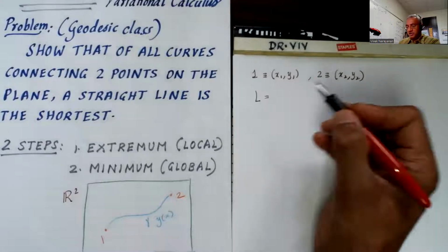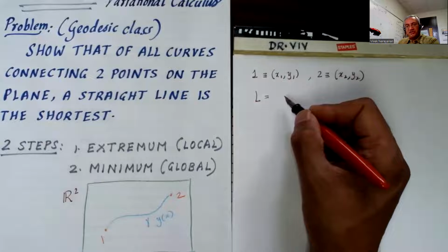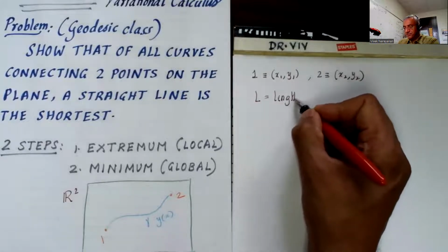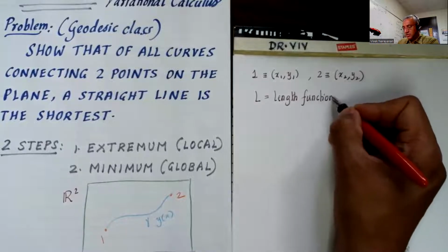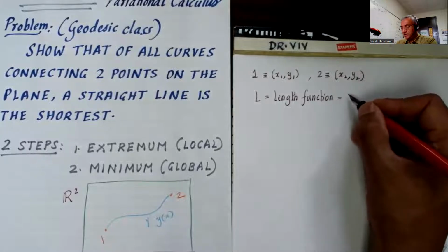The action functional is that of a length functional. So we'll call this the length functional. And the length functional is a function of the path y.